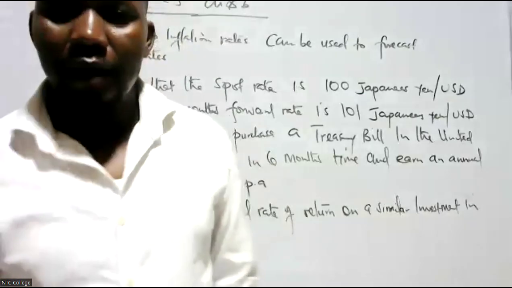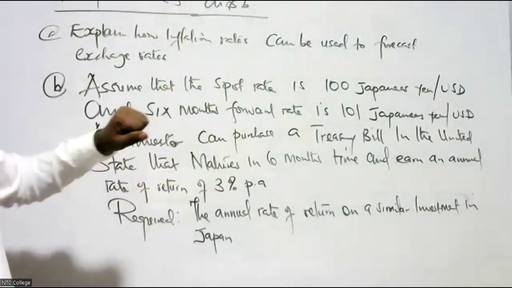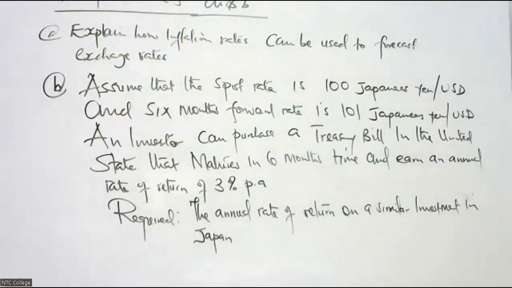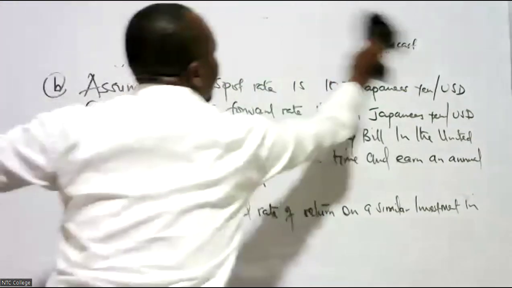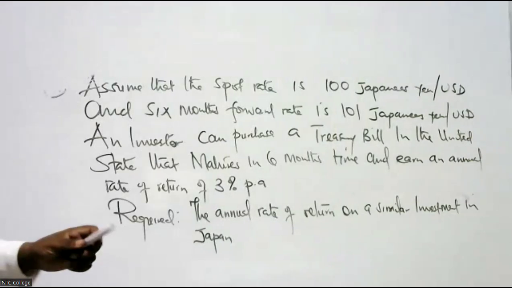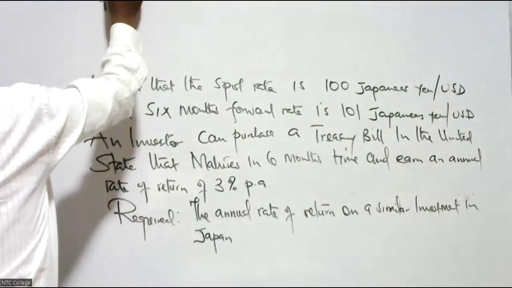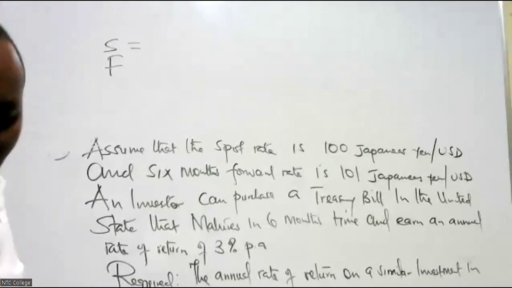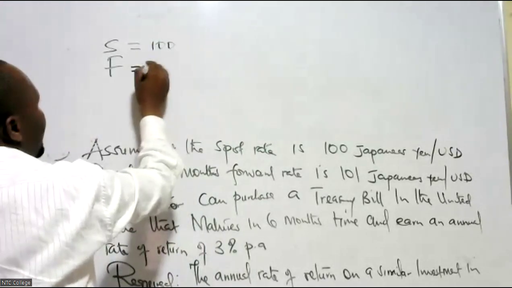So we have understood that question. Assume that the spot rate is given and the 6-month forward rate is also given. From this question, that was May 2015, the examiner is just testing whether you understand. You've been given F, N, and S. S is 100, F is given as 101.